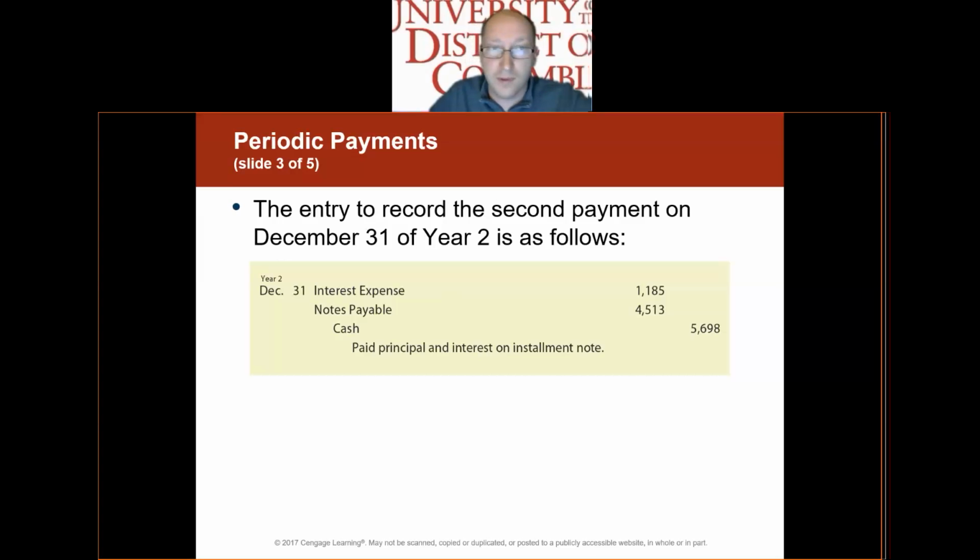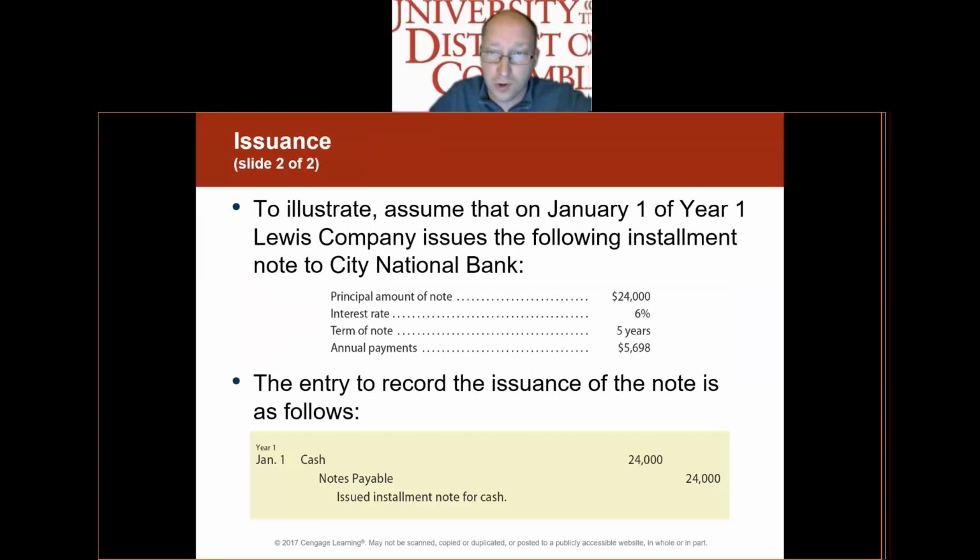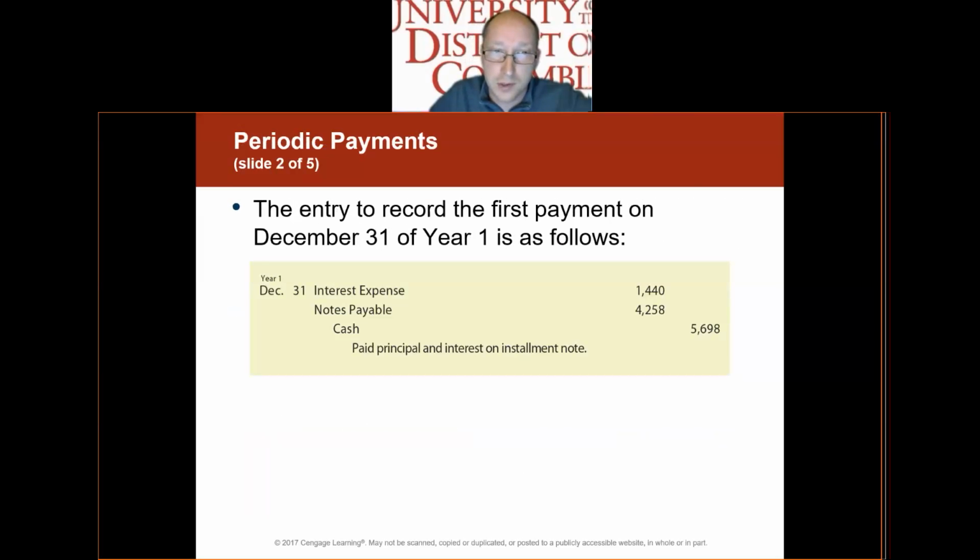So if the original loan was for $24,000 over 5 years, as the balance decreases, that $24,000 goes down by $4,258 each year, or at least in that first year it went down by that much, then we would expect that the interest would also go down because we owe less.